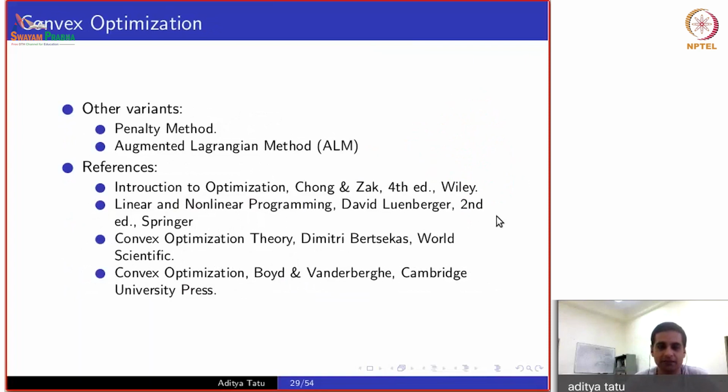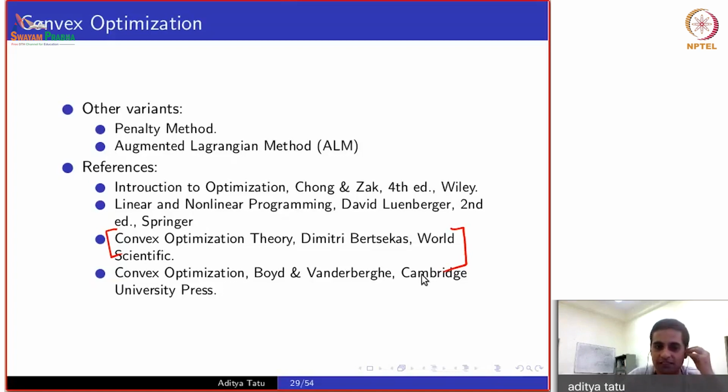This geometric interpretation of the primal and dual problem that I presented is basically taken from the book Convex Optimization Theory by Bertsekas. A wonderful book, if you like math. It's an out and out math book. For several pages, you may not even see what is the relation with optimization, but later on, it's just magnificent.